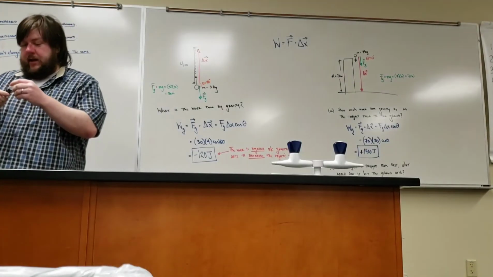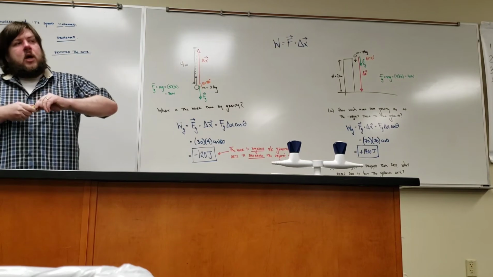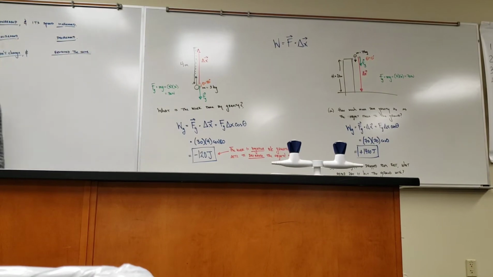So what forces are acting on that object as it falls? Only gravity. So we can use the work energy theorem because we know every force acting on the object, so we can calculate the total work done.